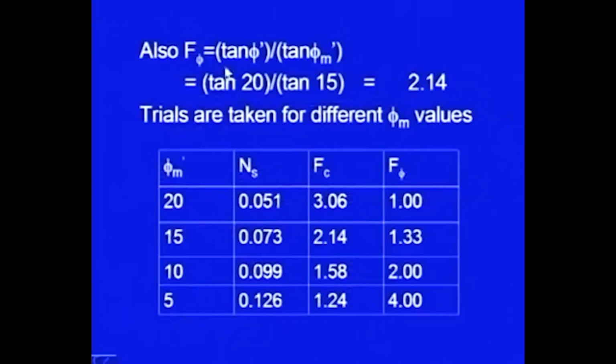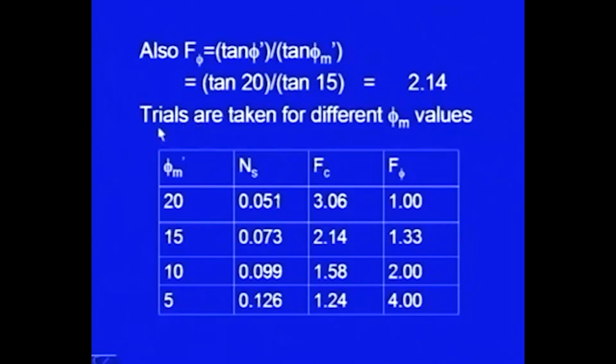Also Fphi, for this case we had assumed mobilized value of phi m 15, and phi dash is 20. So, Fphi is equal to tan 20 divided by tan 15. So, it comes out to be 2.14.